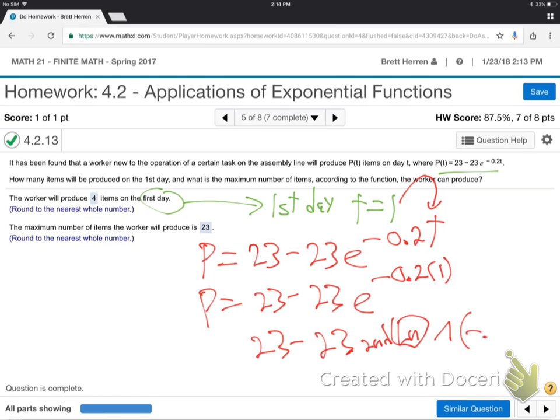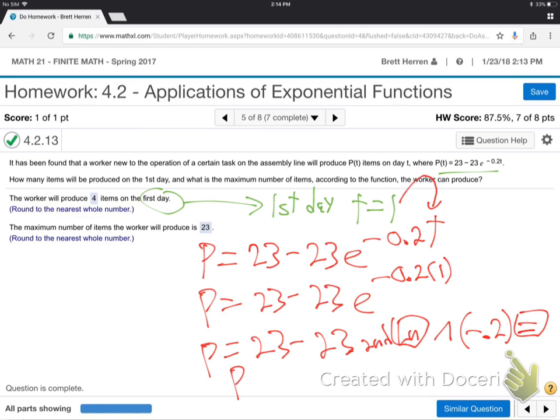And you have to put parentheses, negative 0.2, and hit equals. So type that into your calculator. And remember, the calculator gets really upset if you confuse a negative with a subtraction. Negative is in the parentheses at the bottom.